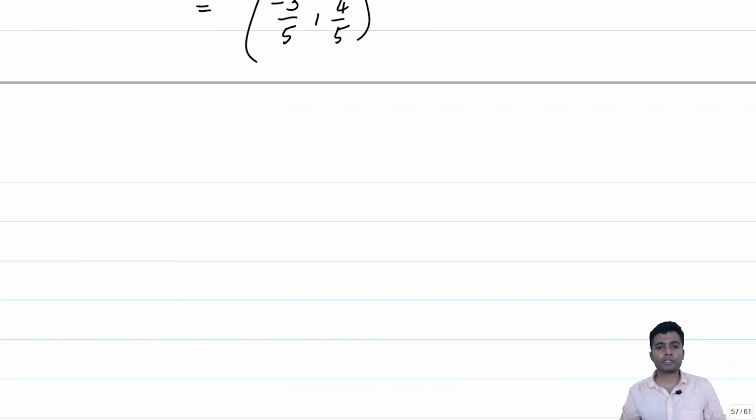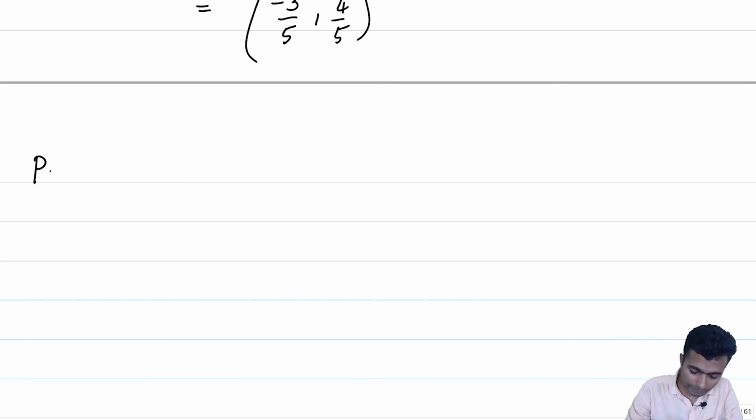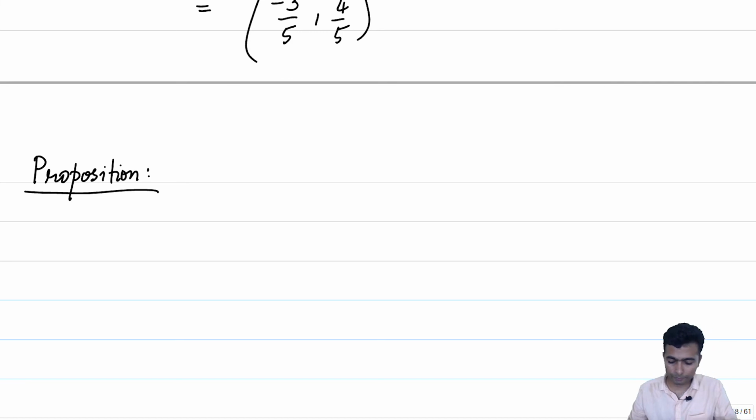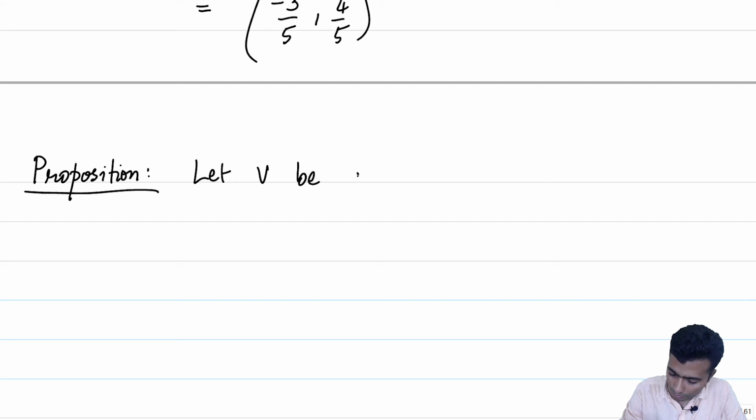Alright, so this projection is quite special in some sense. It captures that vector in the subspace W which is closest to this given vector. Let me write it down in a proposition to make it precise. So, let V be a finite dimensional inner product space.